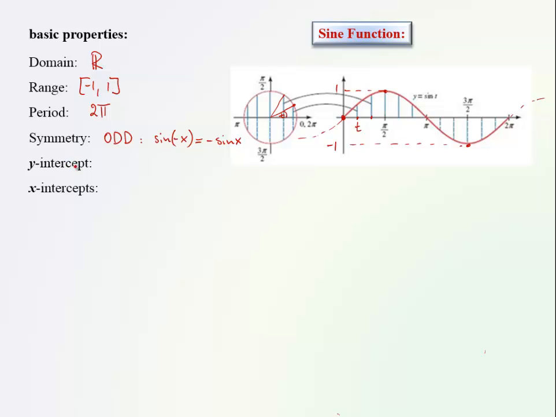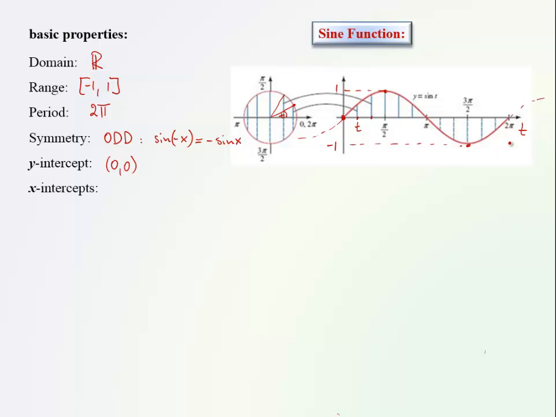Now, what's the y-intercept? There's only one y-intercept, which is just (0, 0). However, x-intercepts, in this case, are actually called t-intercepts because on this axis we have t.